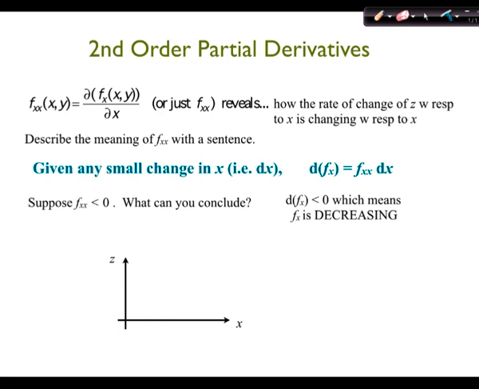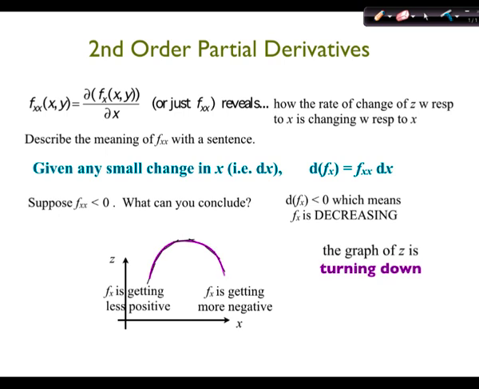Two ways. The rate of change could be getting less positive, right? So increasing sharply, and then increasing less sharply, and then increasing more slowly. Or the first derivative could be getting more negative, right? Decreasing faster and faster. And then that means that the graph is turning down, and we call that concave down.